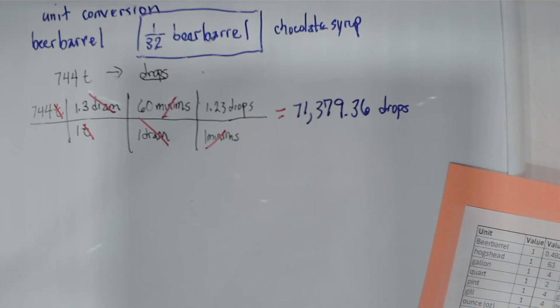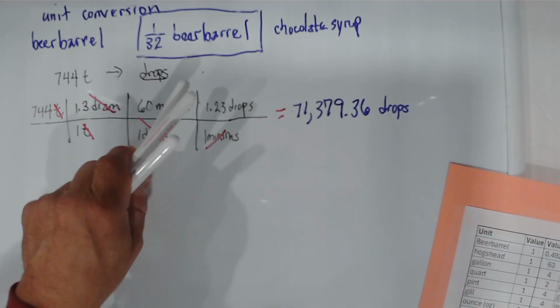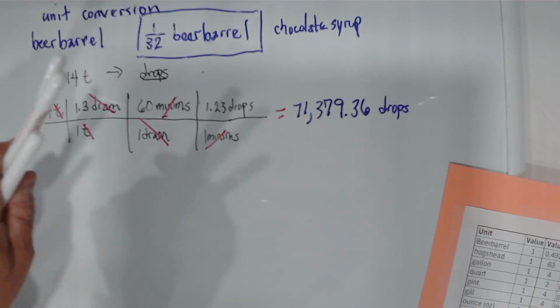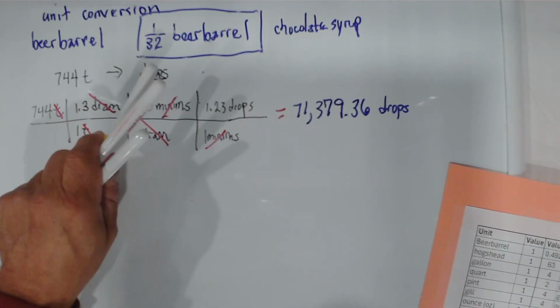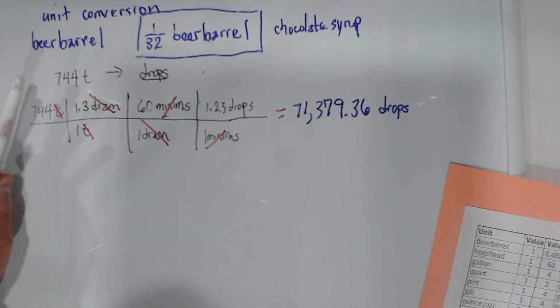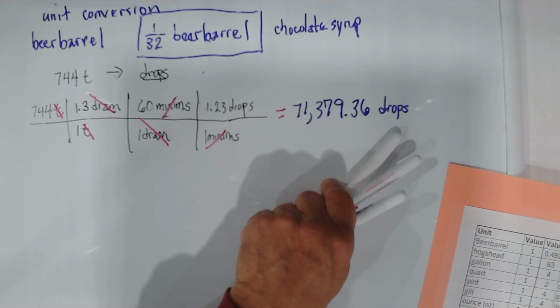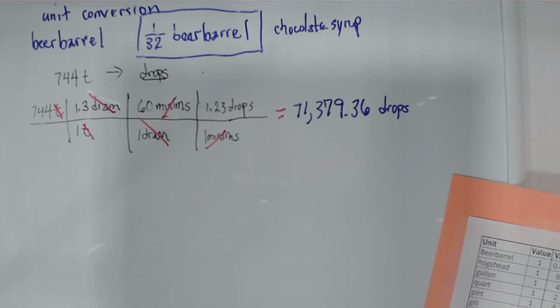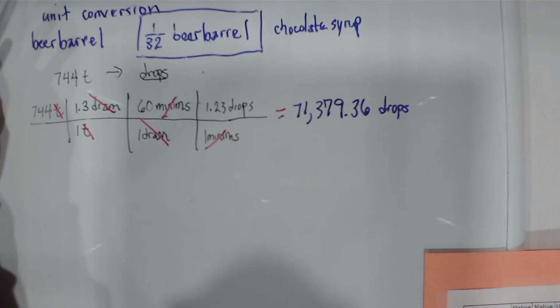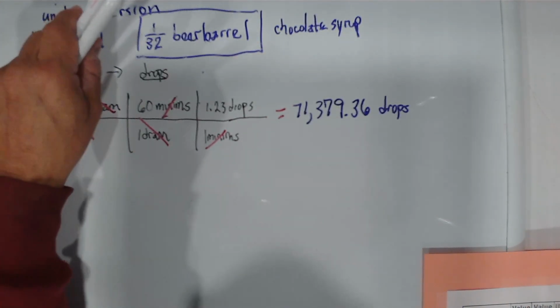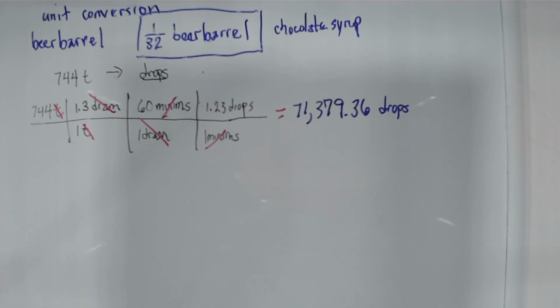Alrighty, boys, I hope you like going from beer barrels to hogsheads to gallons to quarts to pints to gills to ounces, to tablespoons, to teaspoons, to drams, to minims, and finally down to the last drop. So that is what we learned in lessons 53, 54, and 55. So we will talk to you in the next part of the lesson.